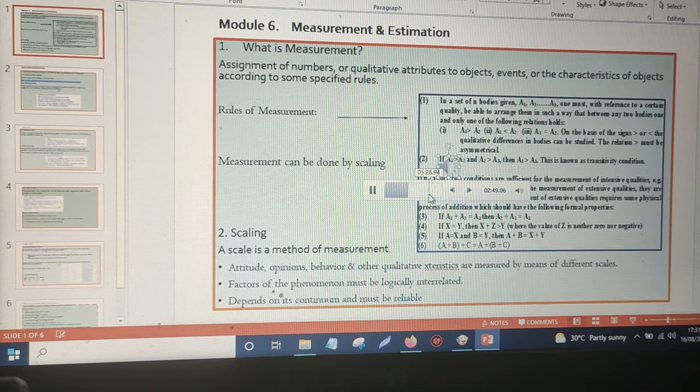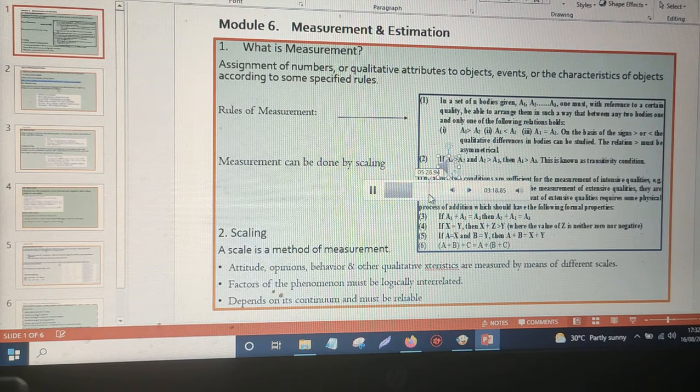So if you use those figures, 15 to represent A1 and 12 to represent A2 and 9 to represent A3, such that A1 will be greater than A2 and A2 will be greater than A3. So taking A1 to be greater than A2, 15 is greater than 12.